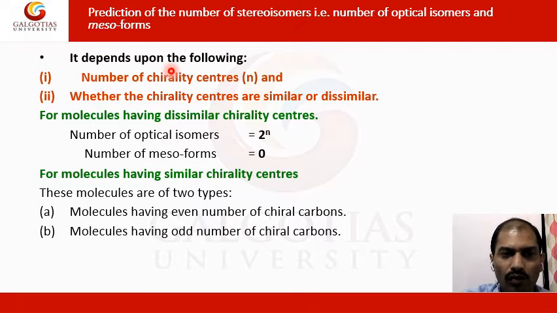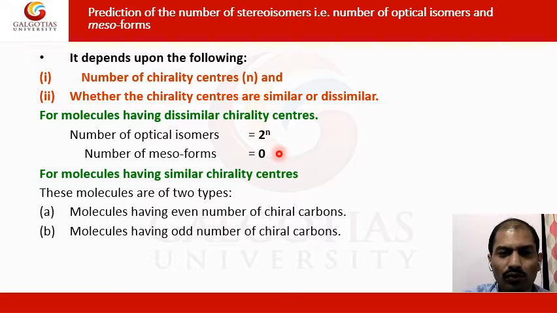Now coming to the prediction: how do we predict the number of stereoisomers when there are one, two, or more chiral centers? If there is more than one chiral center, how can we predict the number of optical isomers, and whether they are optically active or mesoforms? If they have a plane of symmetry, obviously that is a mesoform.